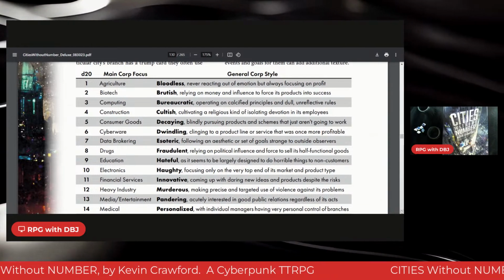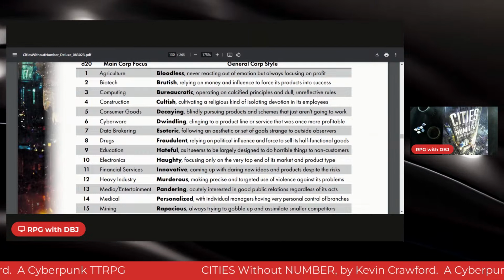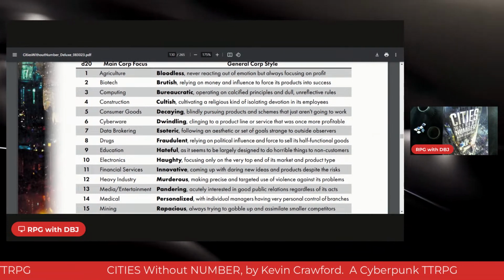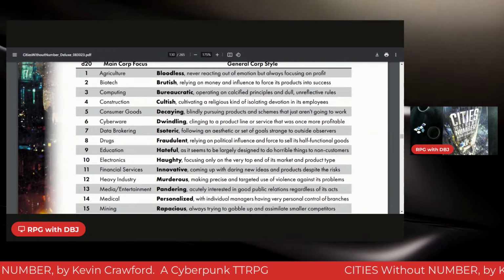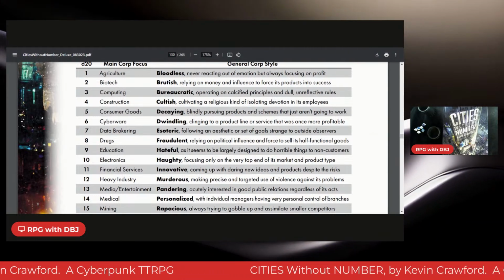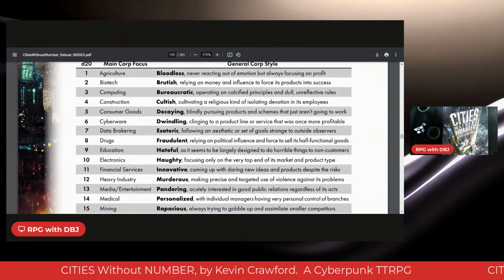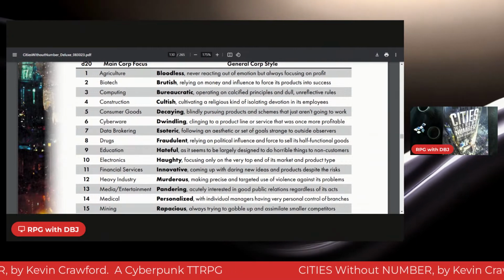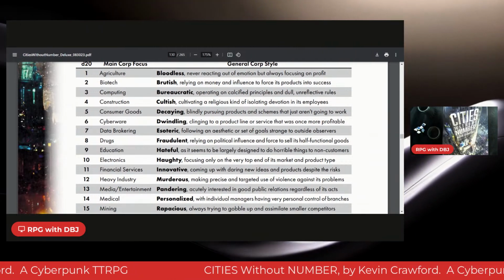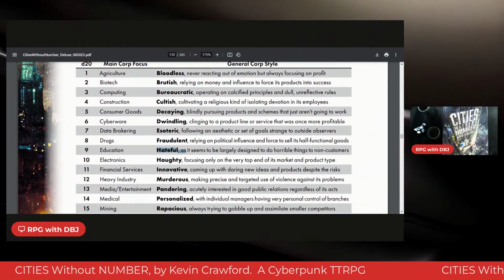So sometimes the general corporate style, maybe for example, not only do you have the corporation and what they might be into, like cyberware, data brokering, medical, mining, heavy industry, media, entertainment, agriculture, but also, are they rising up, going out? Are they too big for their own good?